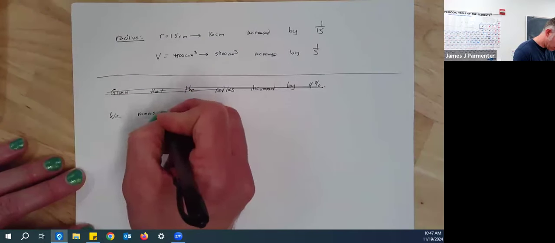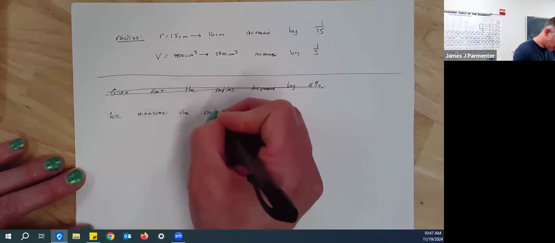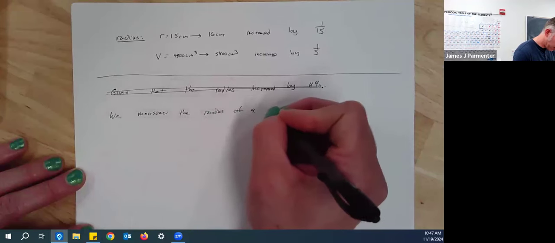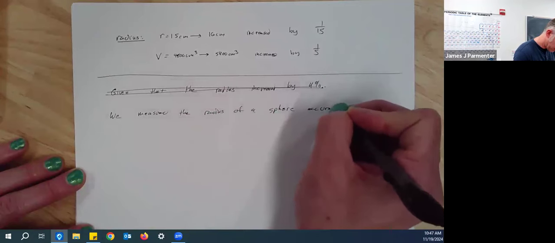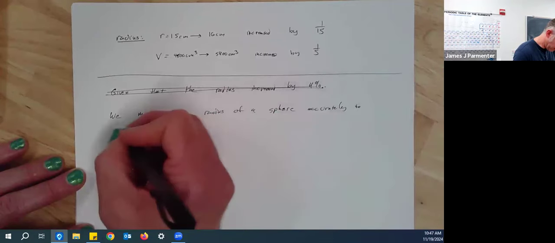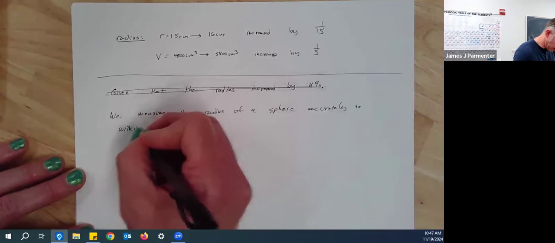We measured the radius of a sphere accurately to within 4% of the actual value.